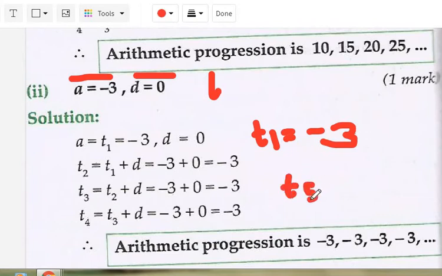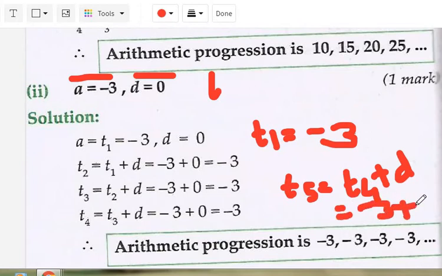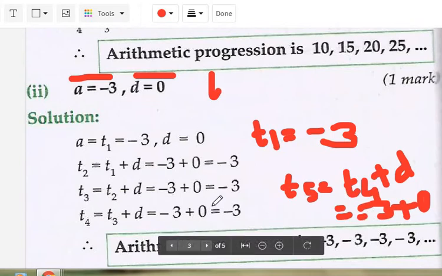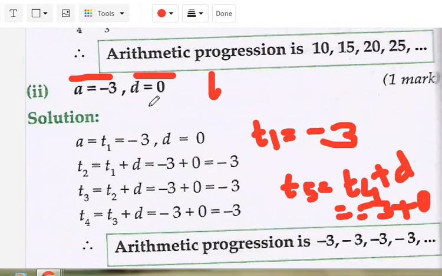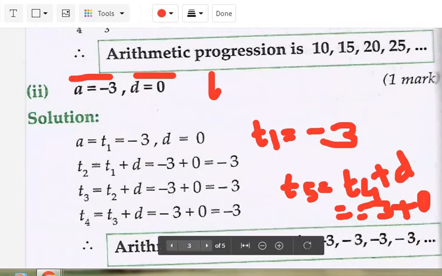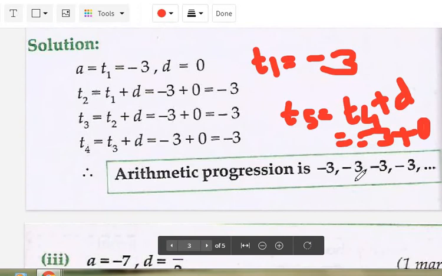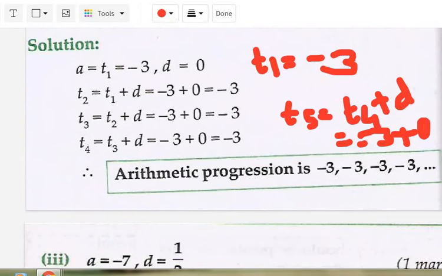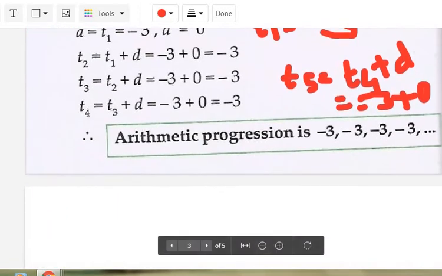Then T5 is T4 plus D, minus 3 plus 0, that is minus 3. That means each and every term of this progression is minus 3, and therefore the arithmetic progression is minus 3, minus 3, minus 3, minus 3 and so on.